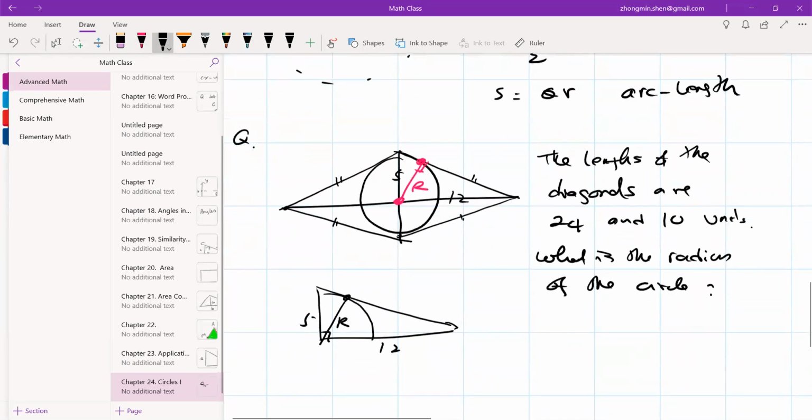This is a right triangle, right? Can you do that? Okay, so the other side is 13. It's a right triangle: 5 squared plus 12 squared equals 13 squared. That's my hint.